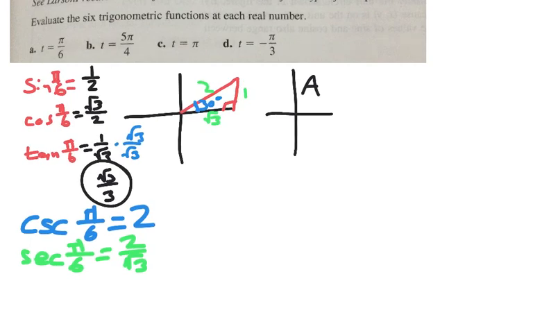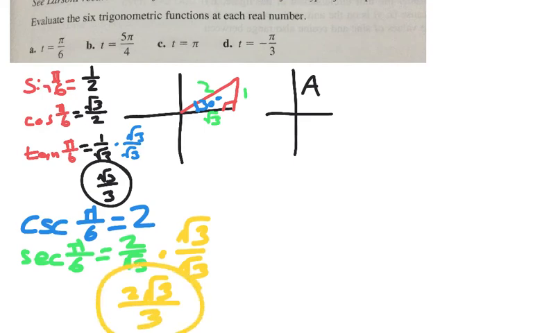Can't have a radical in the denominator. So I'm going to have to multiply by radical 3 on top and bottom. That's going to give me 2 radical 3 over 3 for secant of pi over 6. And then the partner to tangent is cotangent. And so cotangent of pi over 6 is going to be the reciprocal of tangent.